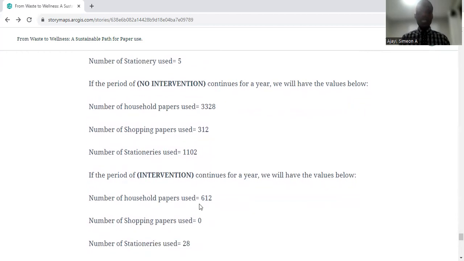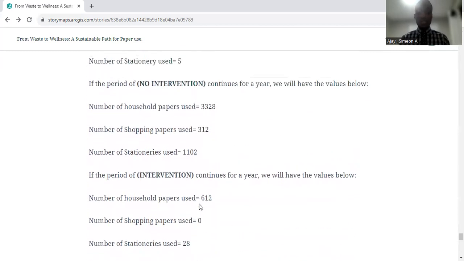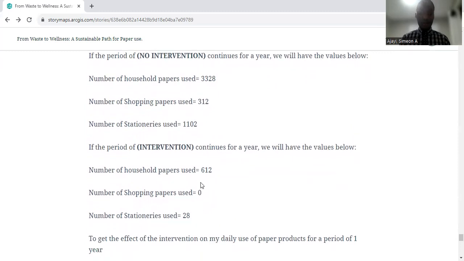And if the period of intervention continues for a year, that's if I had used the intervention consistently for a year, these are the values that I will have.